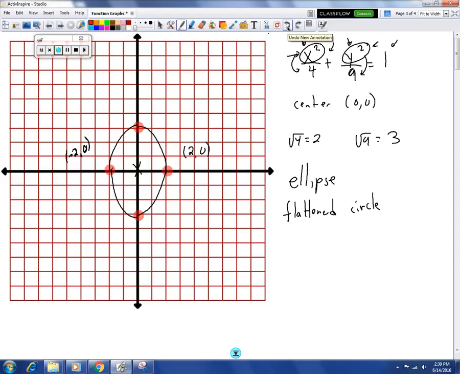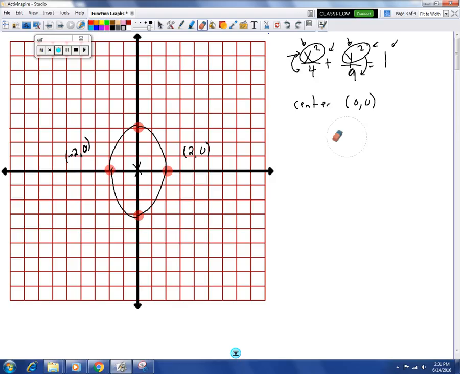Okay, that's our ellipse. We have a center of 0, 0. We have what's called the major axis, which is the y-axis, and it has a length of 6.